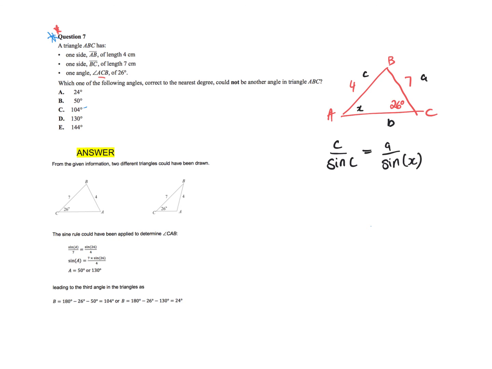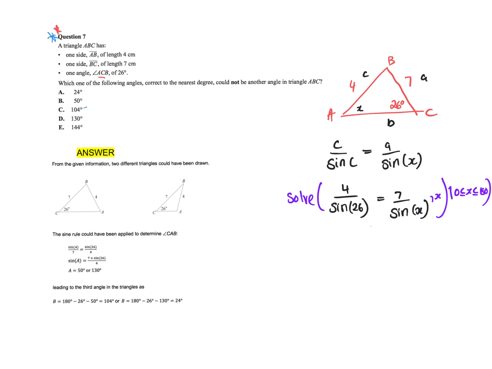Okay, so if I go and do that in the calculator, well, first I would have had 4 over sine 26 equals 7 over sine x, I'm trying to find A. So if I go and pop it in, solve, comma x, with those restrictions, so we can go do that.